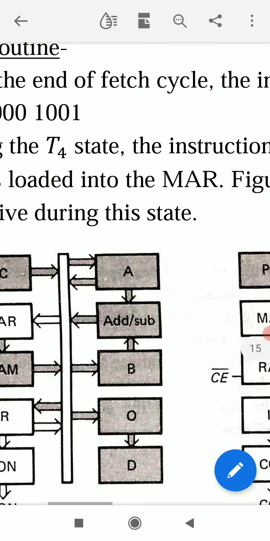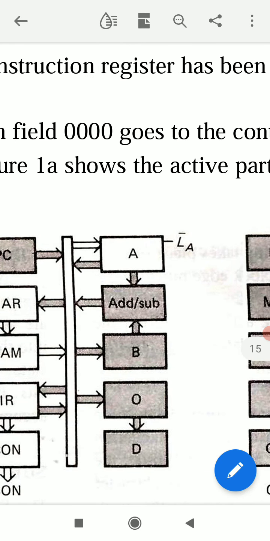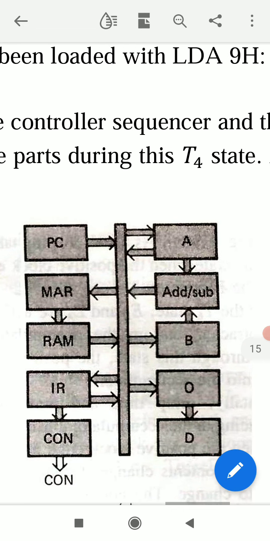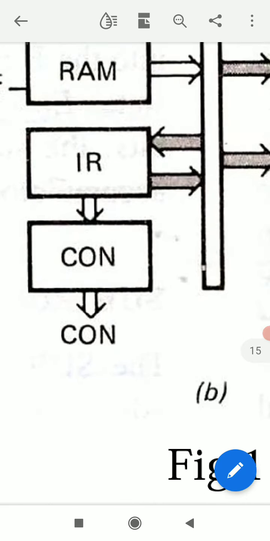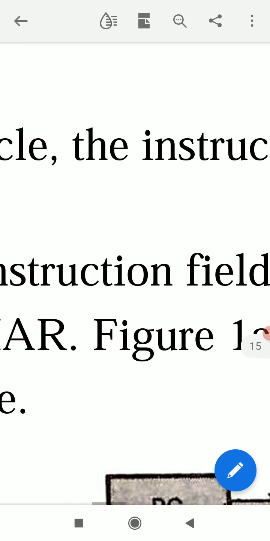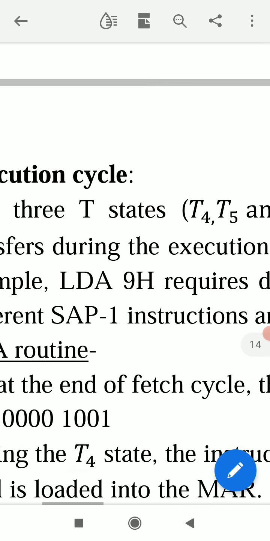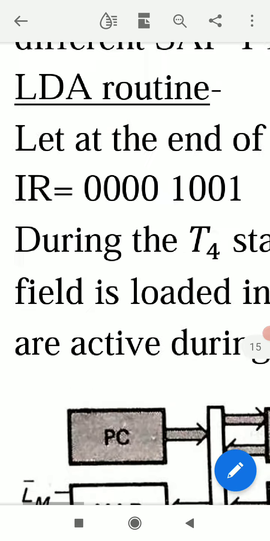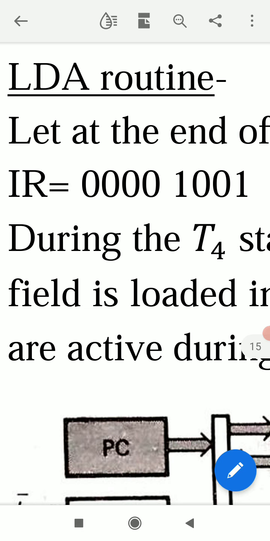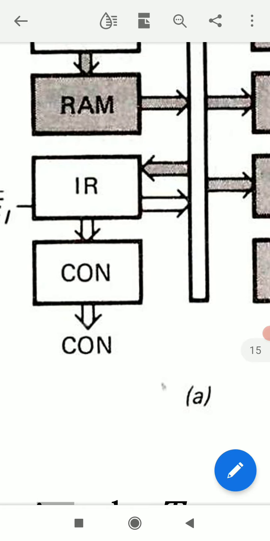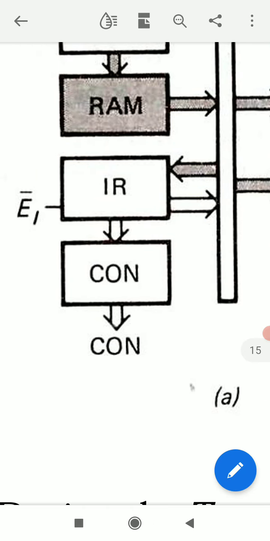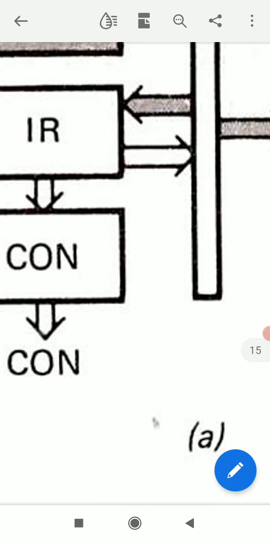During the T4 state, the instruction field 0000 goes to the controller sequencer. This is IR, instruction register, containing this 8-bit word, 0000 1001. Out of these 8 bits, 4 bits go to CON, controller sequencer, and 4 bits go to this W bus.